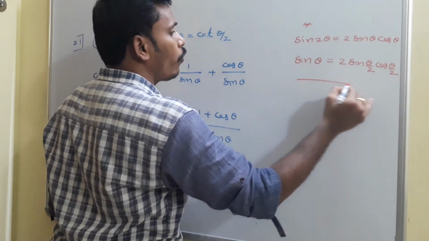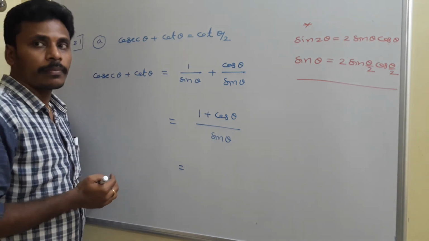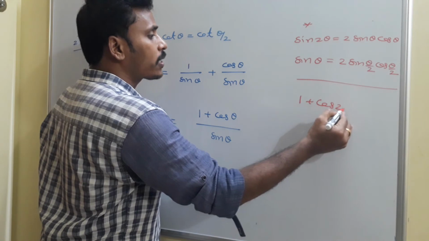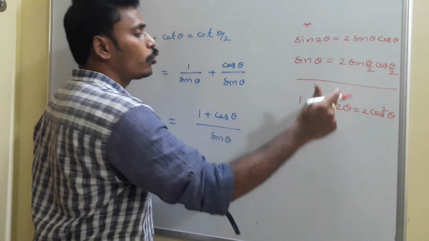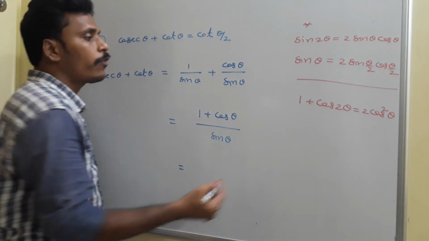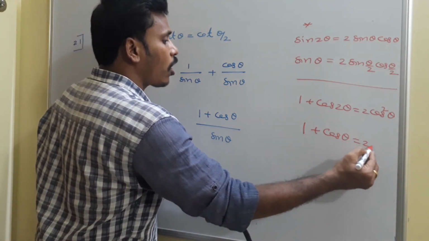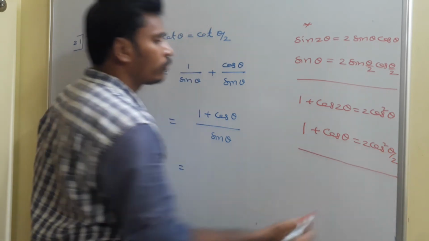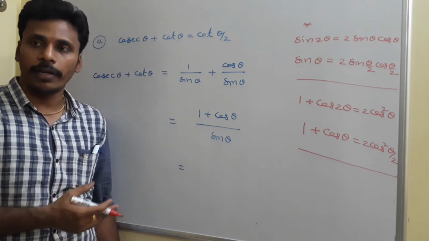You need to go with the format. The angle should become half. Okay. And in the same manner, another formula: 1 plus cos 2 theta is 2 cos square theta. 2 theta and theta. And if you use theta in the place of 2 theta, 1 plus cos theta is 2 cos square theta by 2. Okay, those formats must be in your hands, in your brains.